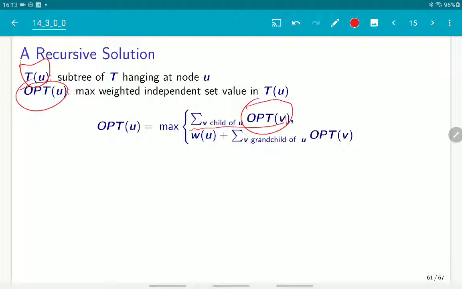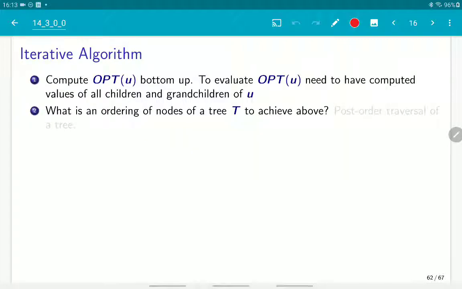Alternatively, we take U into the independent set, and then we have to solve the problem recursively for each grandchild. Right, so this is the recurrence. Now you need to compute it bottom up. This is pretty easy because we can just order the nodes by post ordering.